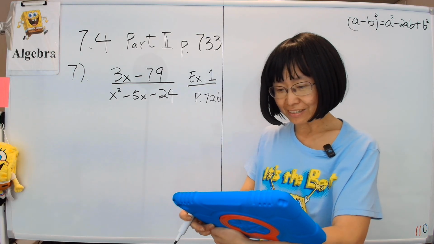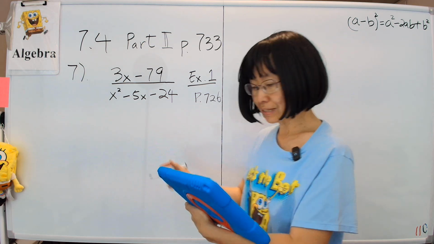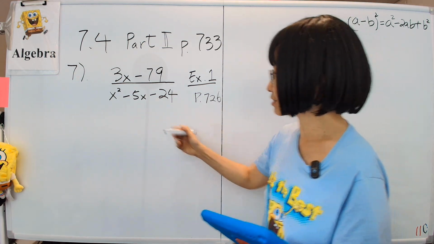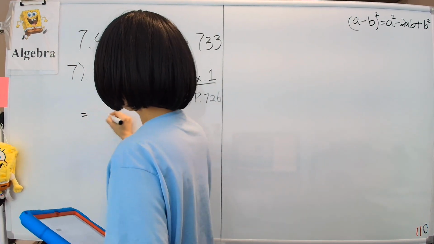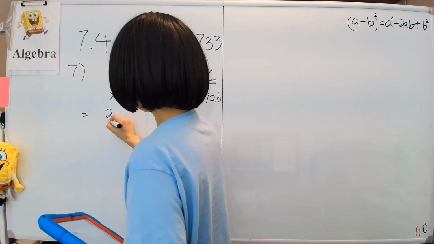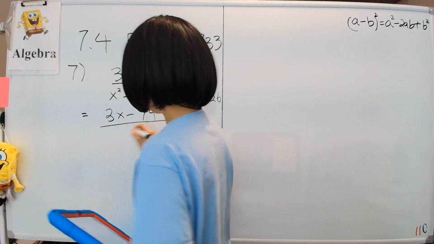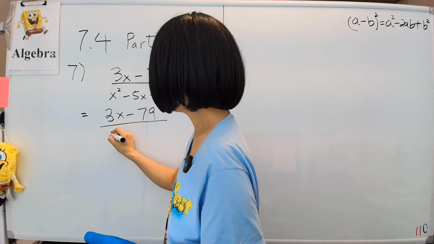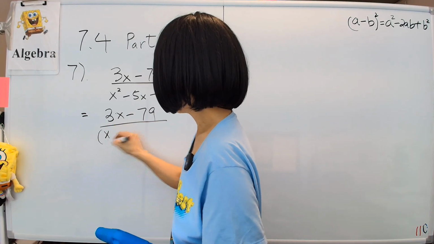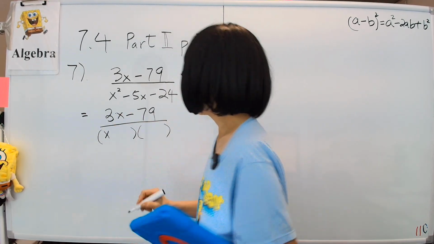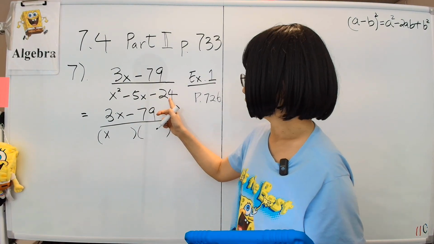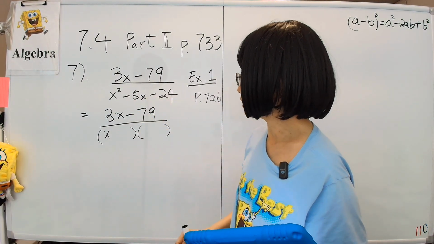Okay, so example 1 has something like this, except it got factored. So let's factor this thing. The numerator is 3x minus 79, I'll write that down. And then the denominator factors into, let's see, 24, and it has to achieve minus 5.